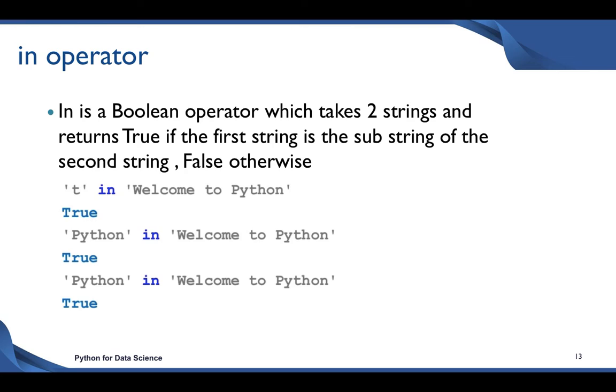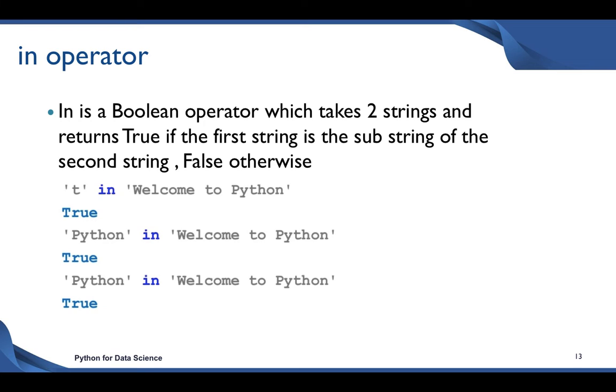Okay, so then we have the in operator. It is a boolean operator which takes two strings and returns true if the first string is a substring of the second string, otherwise it will return false. So we want to check whether the character t is present in "welcome to Python" or not. It will result in true or false.